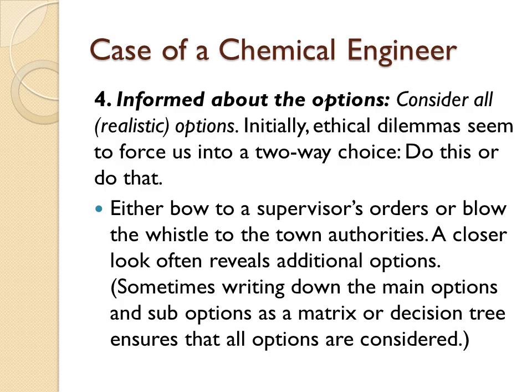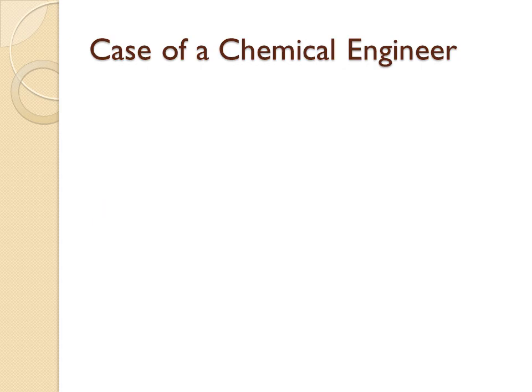Sometimes writing down the main options and sub-options as a matrix or decision tree ensures that all options are considered. So we will learn it as we move forward with line drawing and flow charting techniques. We will see how we can tabulate all the options.